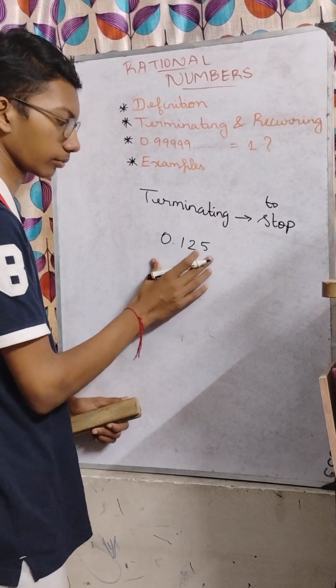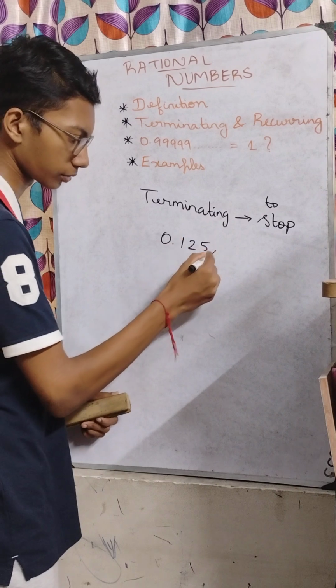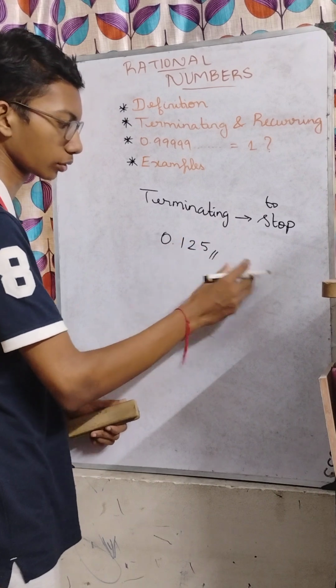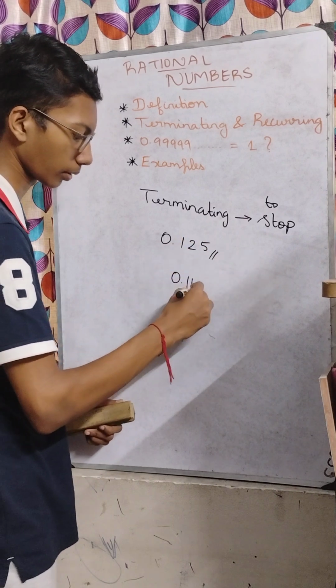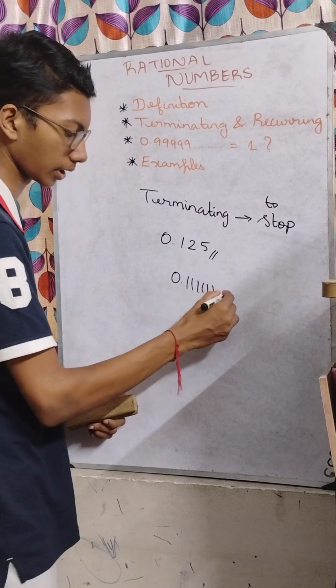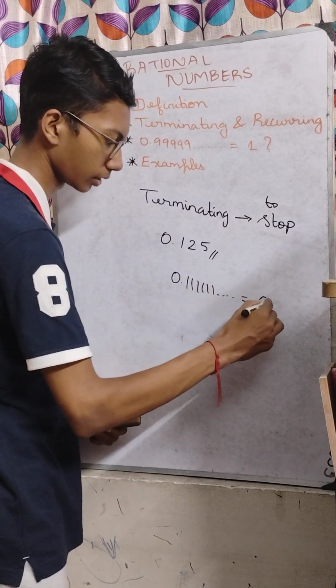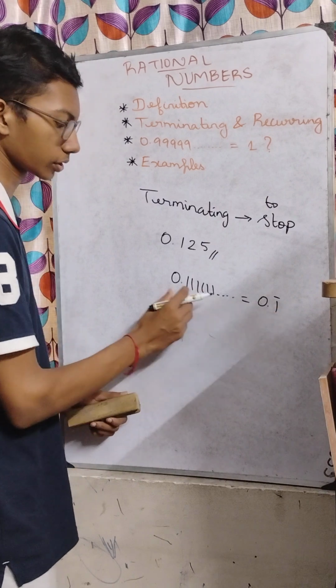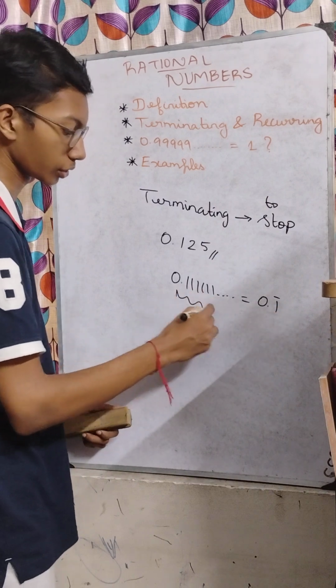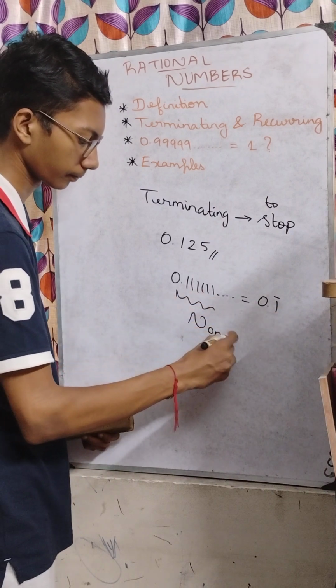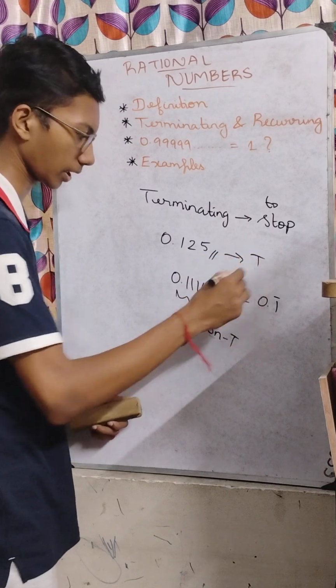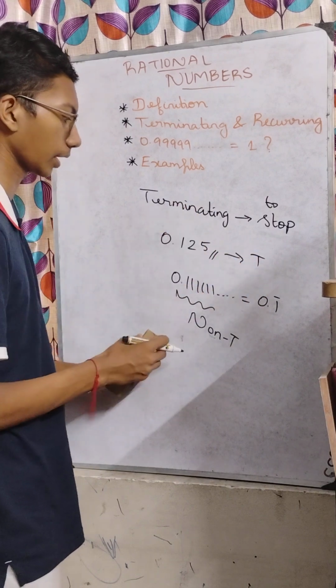This is terminating because it just stops with 0.125. It does not go like, let's say we have 0.11111. This is not terminating because it just goes on. So we will write this term as 0.1 bar. So this is non-terminating and this is terminating. So that is the meaning of terminating.